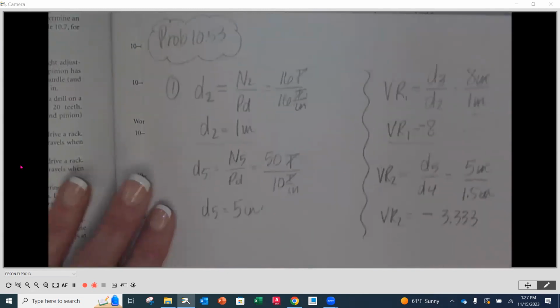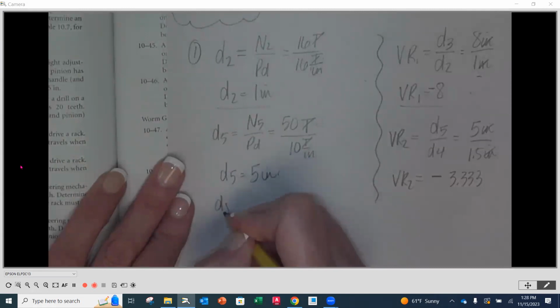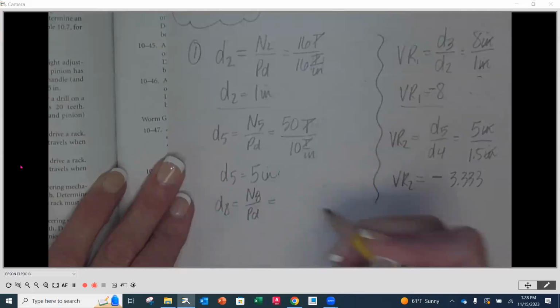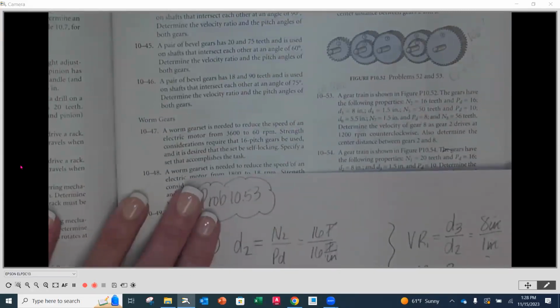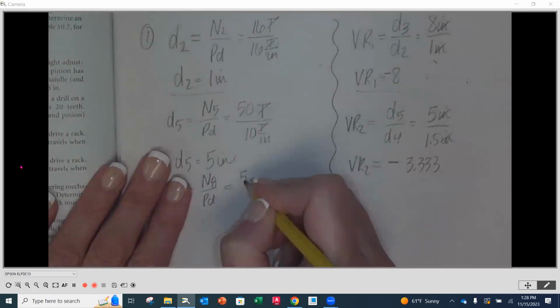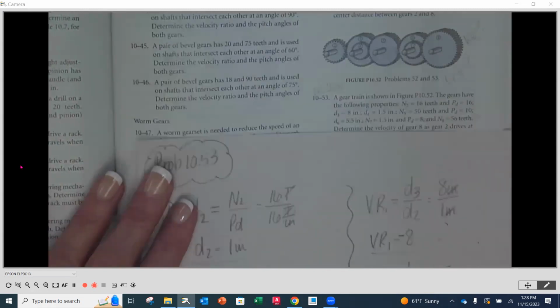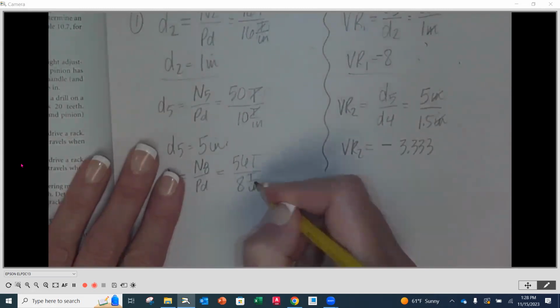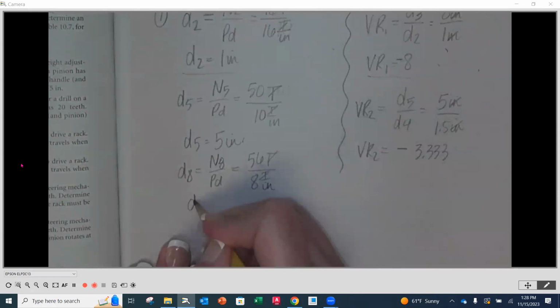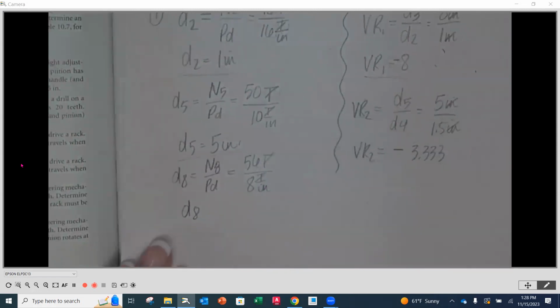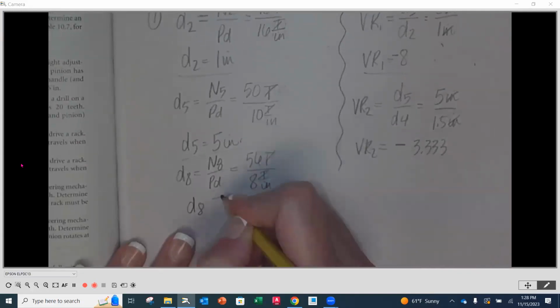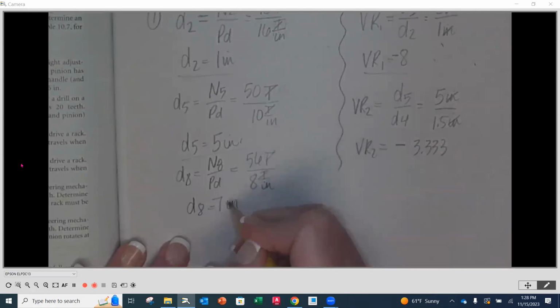So we need to determine the pitch diameter of number 8, which is the number of teeth of number 8 divided by its diametral pitch. Its number of teeth was 56 divided by, I think it was 8. Yes. So D8 is 7 inches.